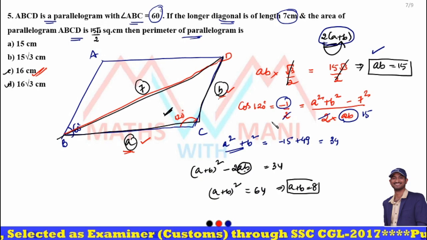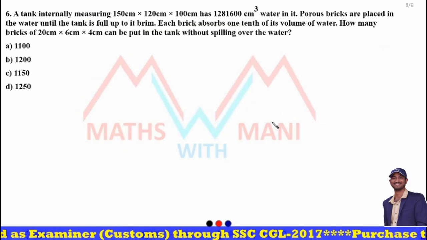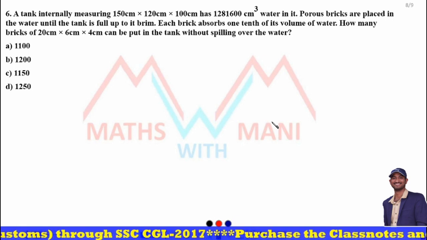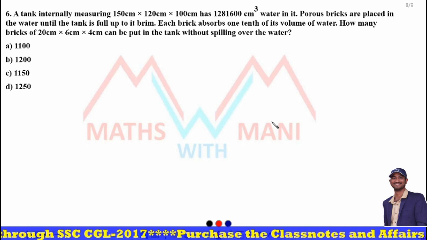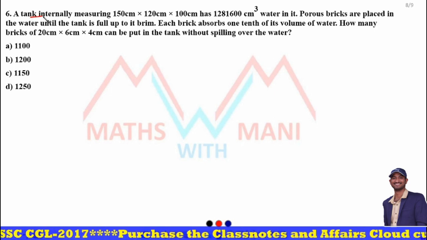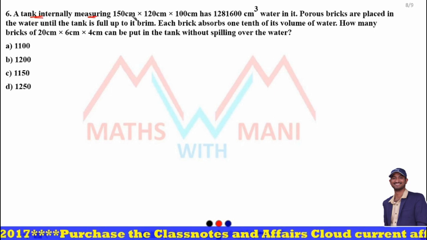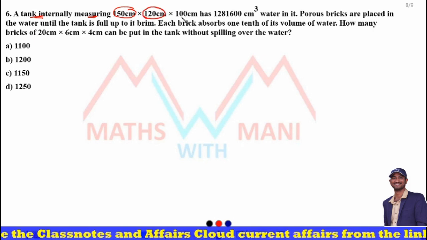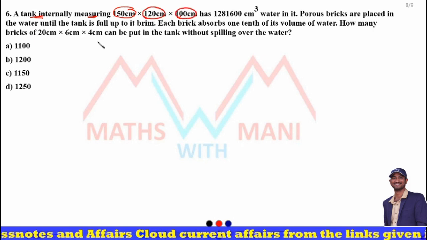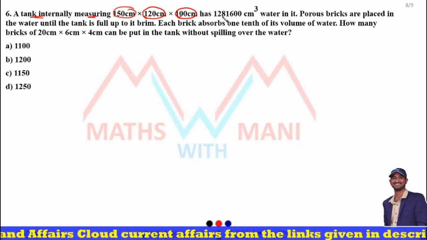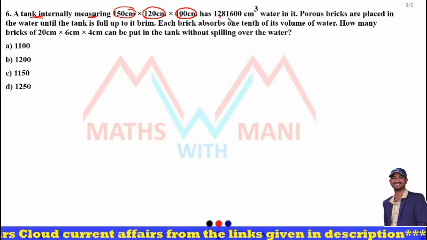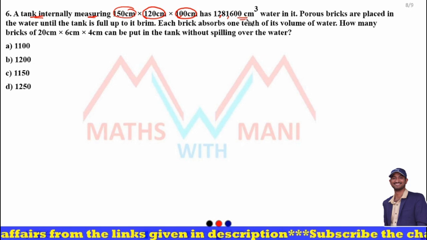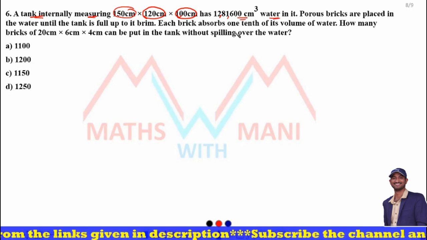And the last one in the 2010 question paper is regarding the mensuration topic. See the sixth one. A tank internally measuring 150 centimeters by 120 centimeters by 100 centimeters has 12,81,600 centimeter cube water in it.